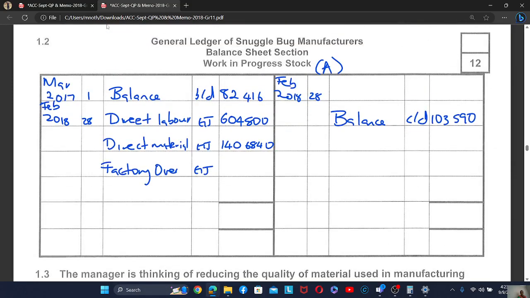Okay. And then the factory overheads? 636,380.